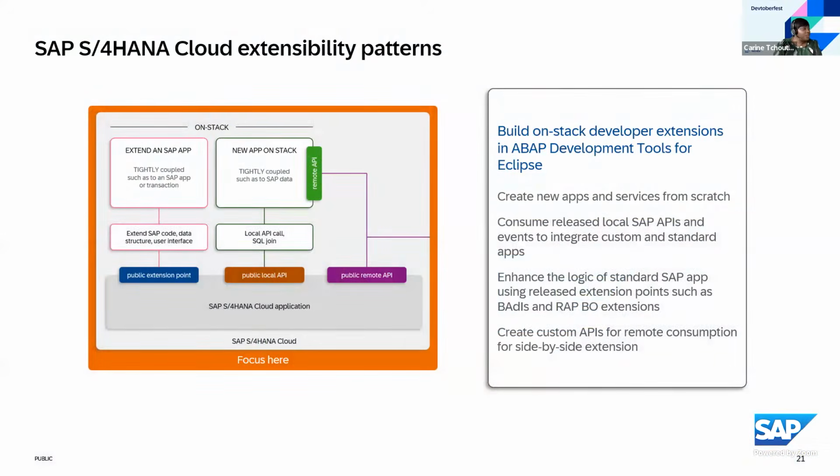So here you see the screen. We are still on the stack. Developer extensibility is all about creating new full-fledged applications and services from scratch, or by exposing released RAP business object interfaces, for example.